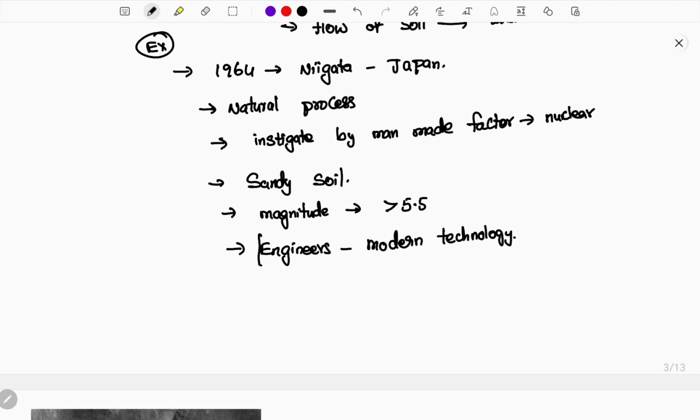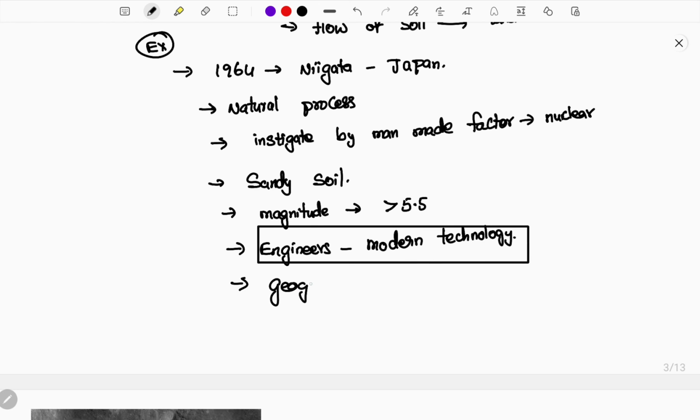Engineers should properly research the subsurface, and geologists must also study the subsurface area in a clear manner and have a clear idea of where liquefaction can happen. Let me tell you one more reason for soil liquefaction: dam construction.